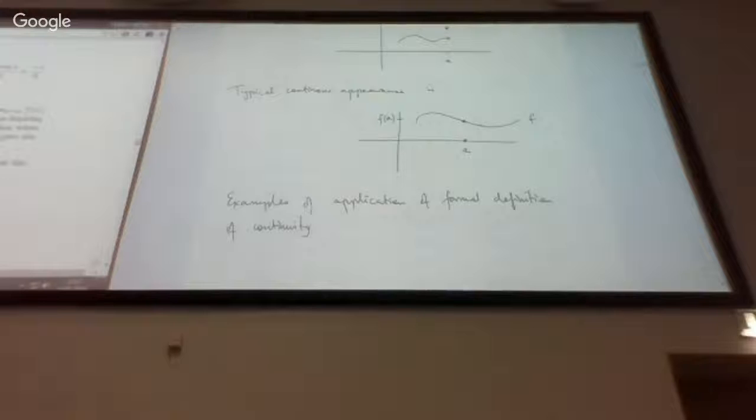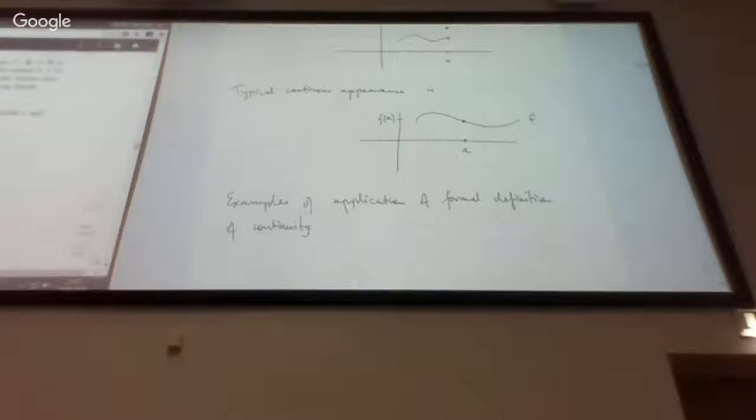And all the formal definition of continuity does is attach parameters to that vague phrase of getting closer and closer to f of a as x gets closer and closer to a. So those two operations, x getting closer to a and f of x getting closer to f of a, the formal definition introduces parameters to measure or express that degree of closeness.